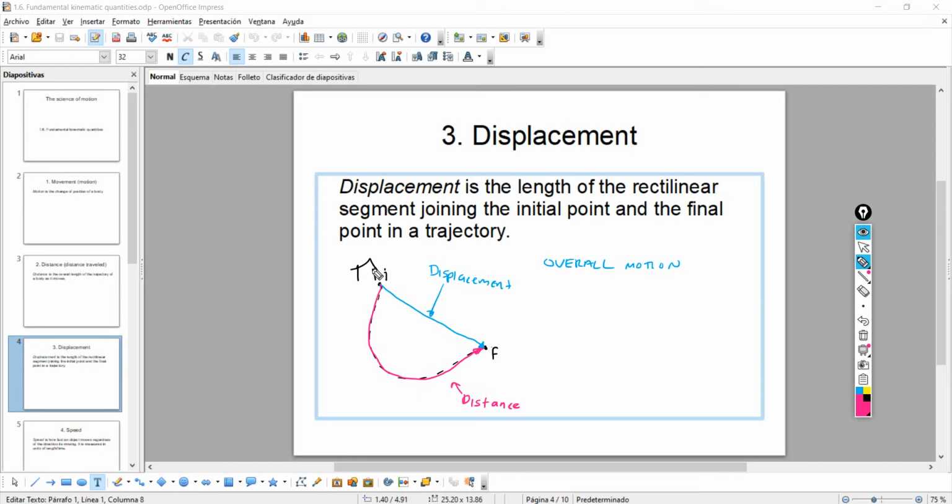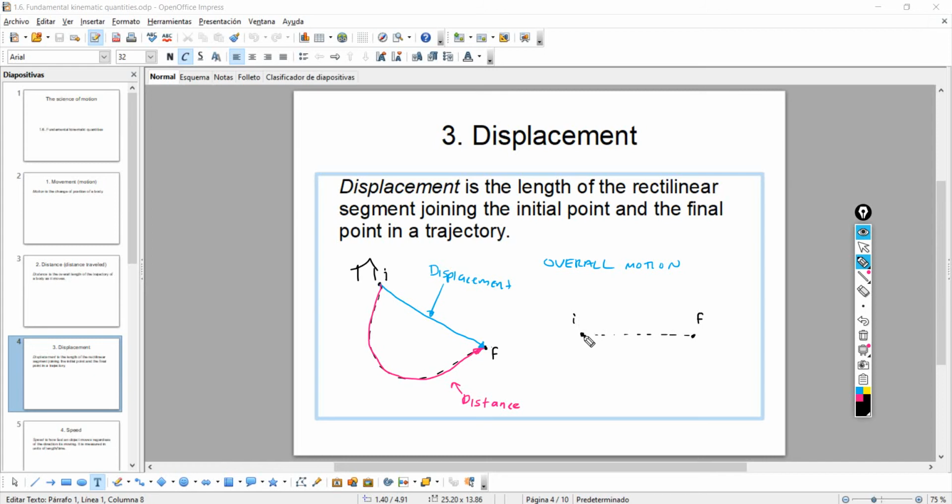So as you can observe by this drawing, we always have that the distance traveled is going to be greater than the displacement, always. And only in one specific case they're going to be equal, when your object, let's assume another dog, moves perfectly on a straight line from initial point to final point.